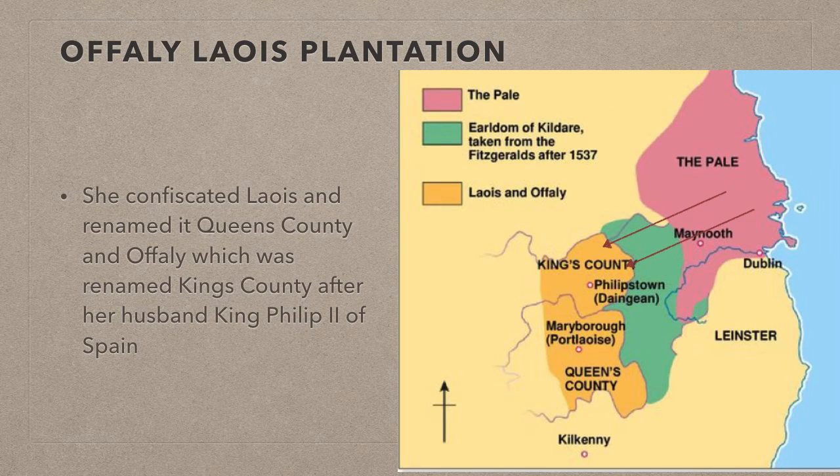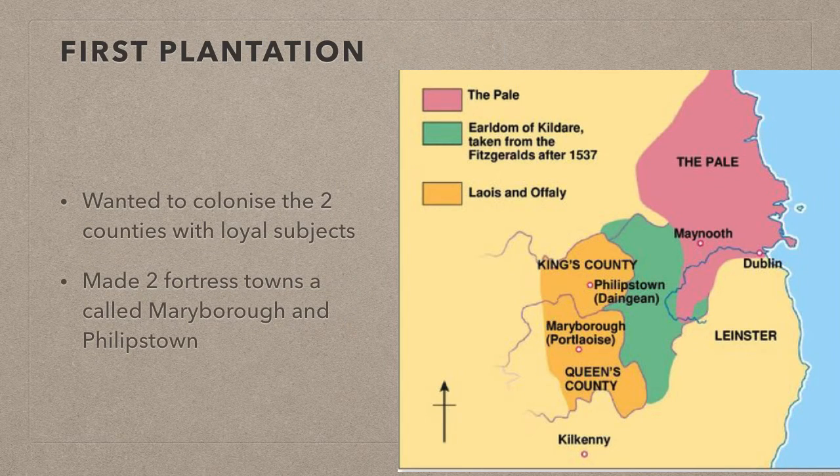She confiscated the counties of Laois, which she renamed Queen's County, and Offaly, which she renamed King's County, after her husband, King Philip II of Spain. He, of course, was the son of the Holy Roman Emperor Charles V, who we met in our study of the Reformation. The Laois and Offaly plantation of 1556 was the first plantation in Ireland.